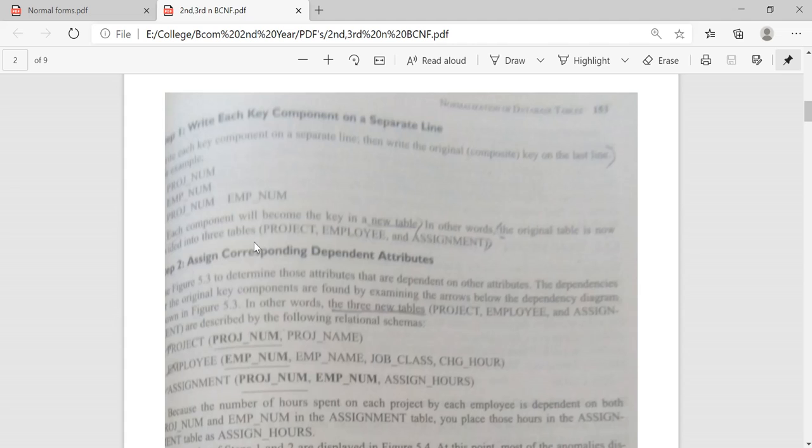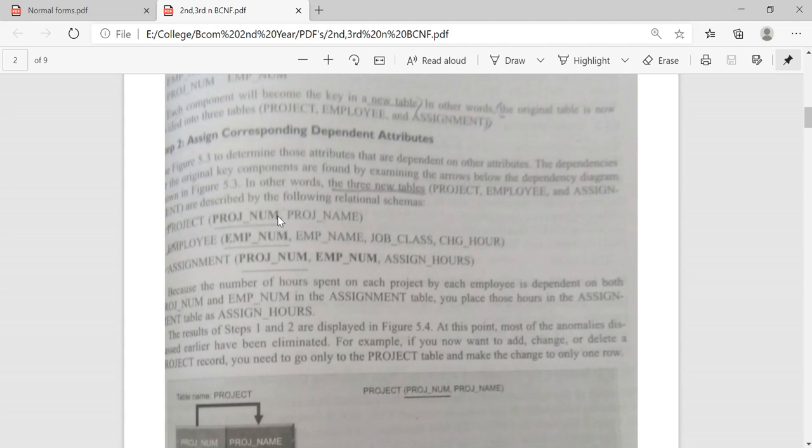Once you find out the tables, you will find primary keys for those tables, and the attributes which are dependent on these keys, you will put them into those tables. So you will get a clear idea how to split the table into three different small tables. A big large table is now being split into three small tables.